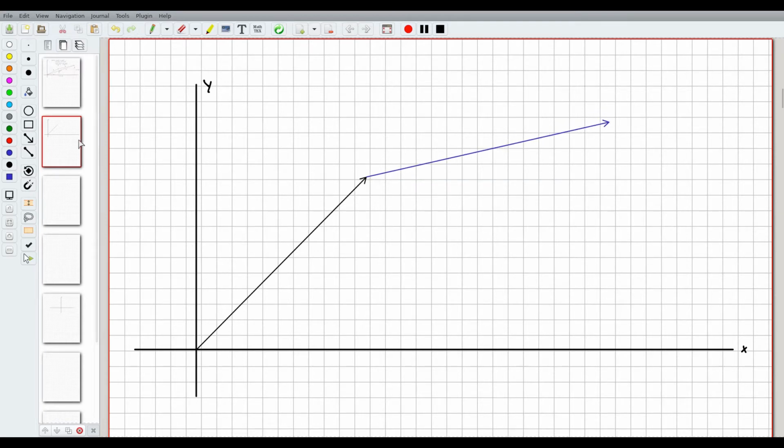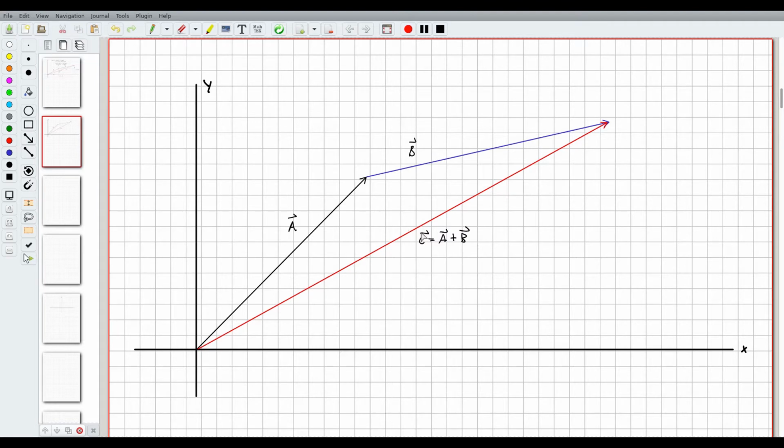That's B. And what I'd like to do is to find not only the components, but also the magnitude and the direction of C. So this is vector A, this is vector B, and this is what you get when you add them together.